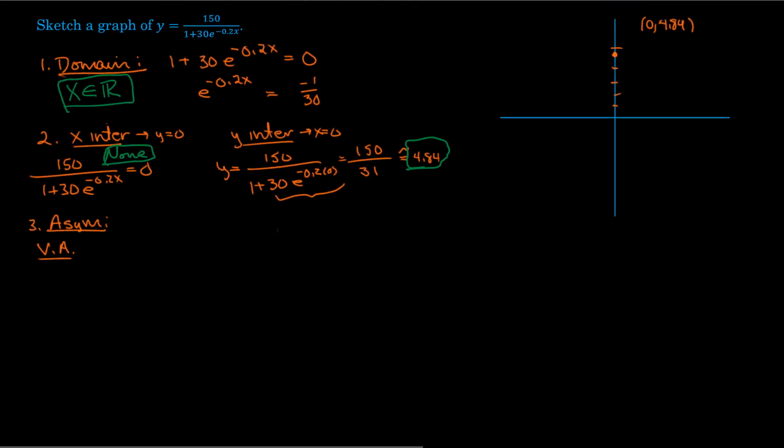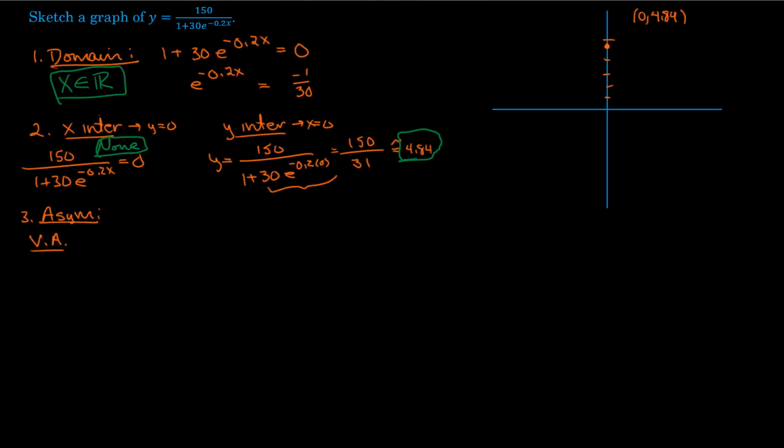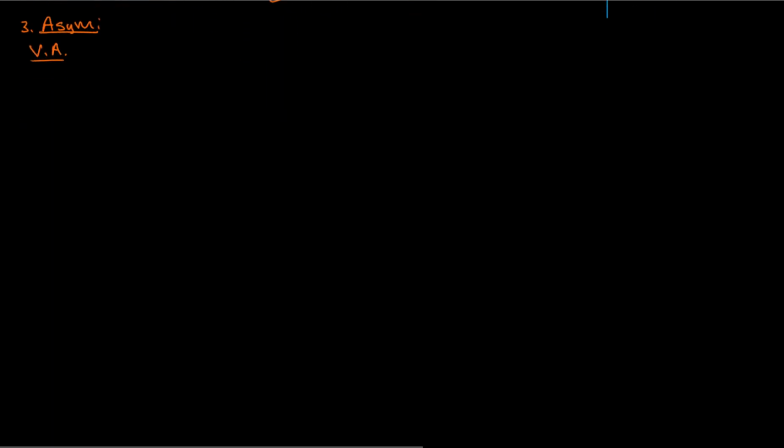Remember, vertical asymptotes occur where the denominator equals 0. Does not exist. We've already talked about that. There are no vertical asymptotes.